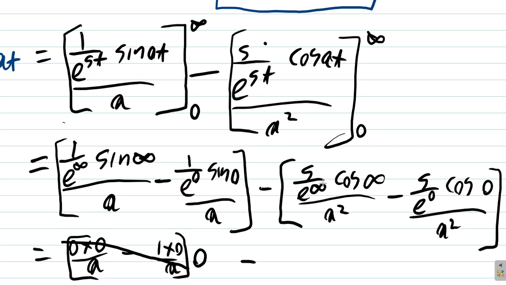But anyway, whatever it is, that times 0 is 0. So the first part of this is 0 over a squared, which is 0, minus, alright, e to the 0 is 1. So this is s over 1, cosine of 0 is 1. So it's s over 1 times 1 over a squared. Now, of course, this will be s over a squared, alright?